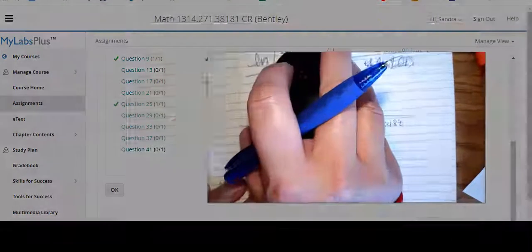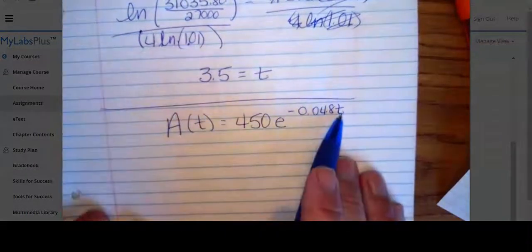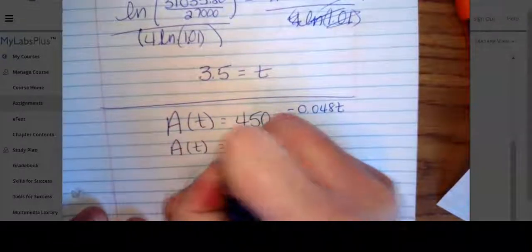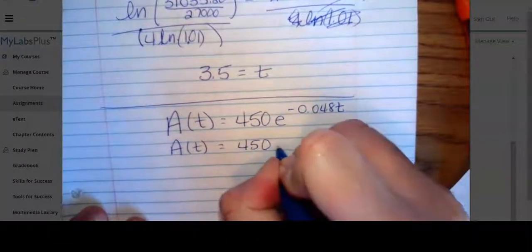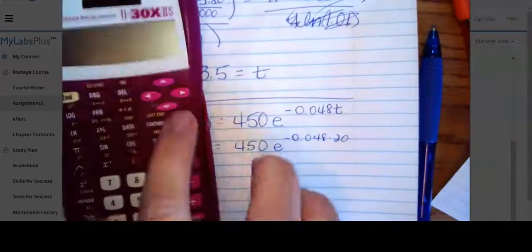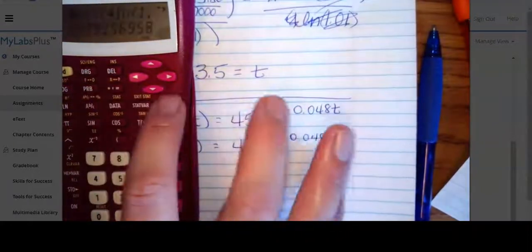So when we look at this, they tell me that t is 20. Remember that e is not a variable, e is a number. So I can actually just enter this straight into my calculator. Remember, put your exponent in parentheses.